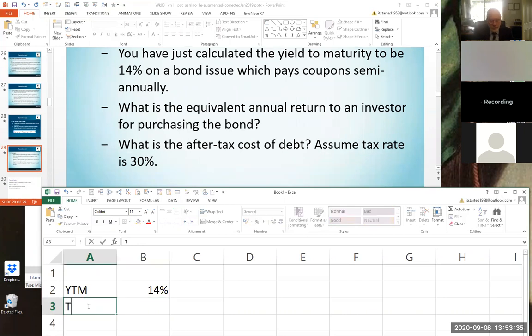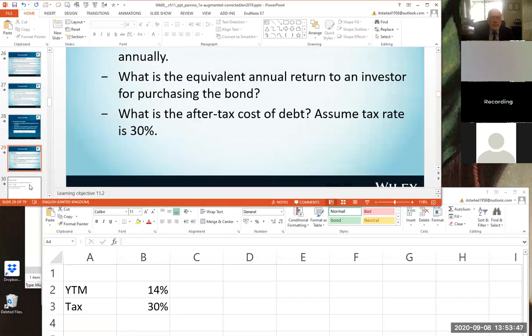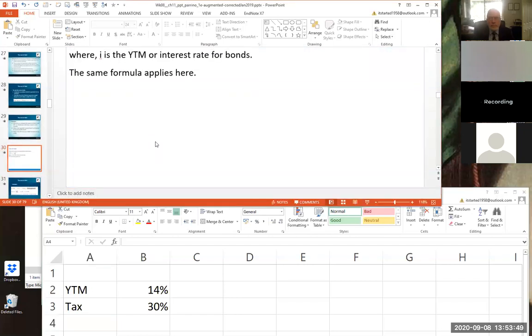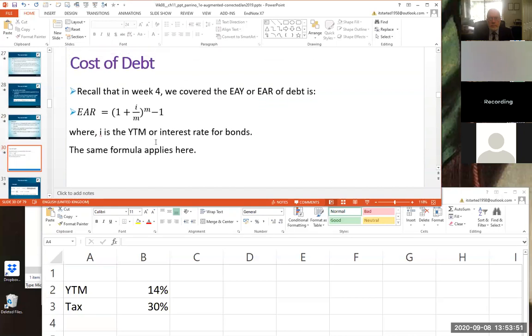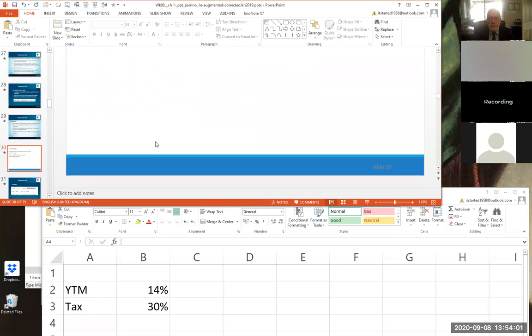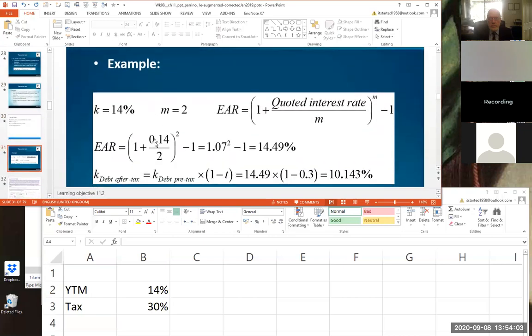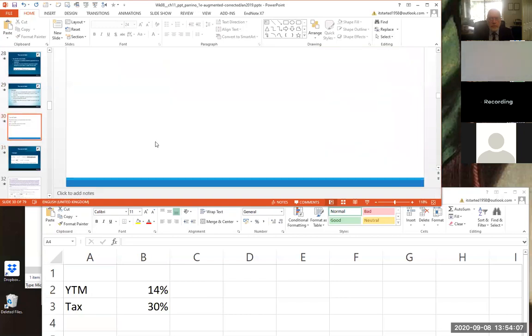Tax rate is 30%. Hang on, missed a step.